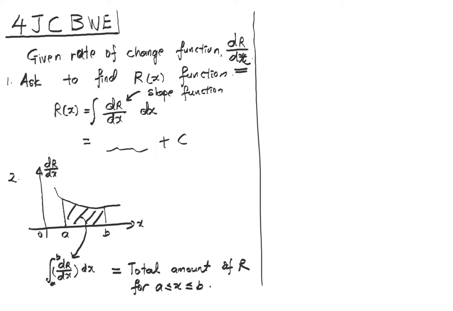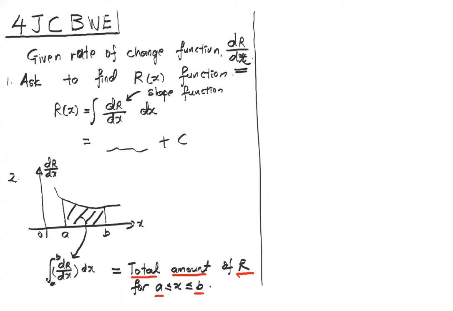And you have to know that the area bounded by the curve of rate of change represents the total amount of R, and these are the limits. This is the main concept. Remember these two.